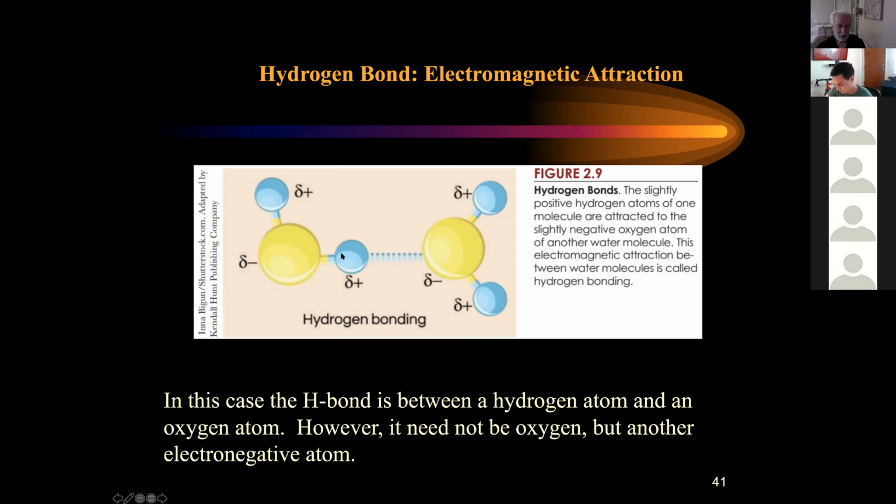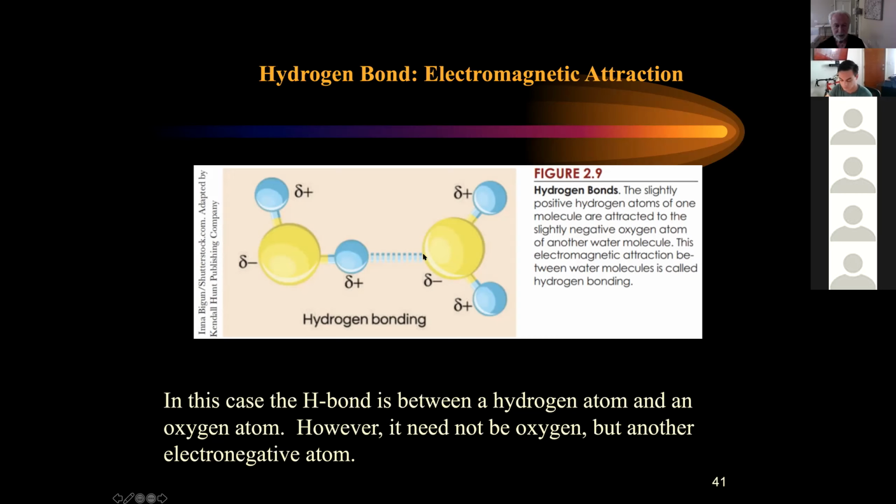Hydrogen bonding always involves a hydrogen atom. In this case, the hydrogen atom on this water molecule has a slight positive charge. And we know that oxygen in a water molecule has a slight negative charge. These two opposite charges attract each other, and that forms a bond.